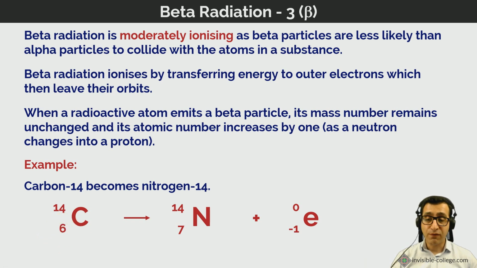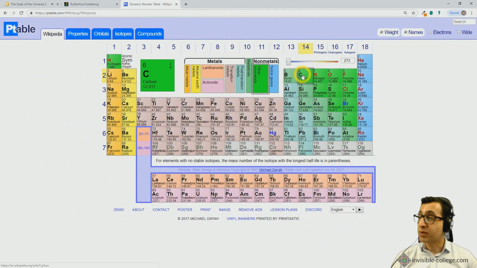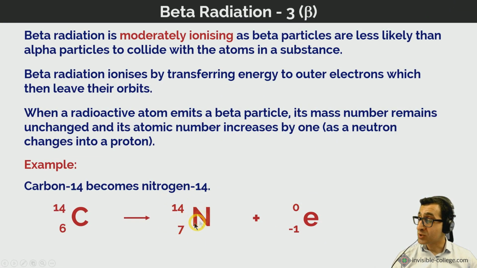And so if its atomic number is changing, the element is changing. We're going from carbon, which has an atomic number of 6, to nitrogen, which has an atomic number of 7. And so the daughter nucleus is a nitrogen-14 nucleus. Now, again, we need to make sure that the atomic numbers and the mass numbers on the right and the left-hand sides of the equation balance each other.